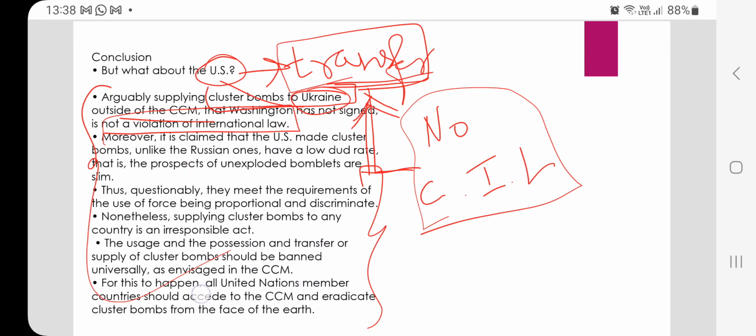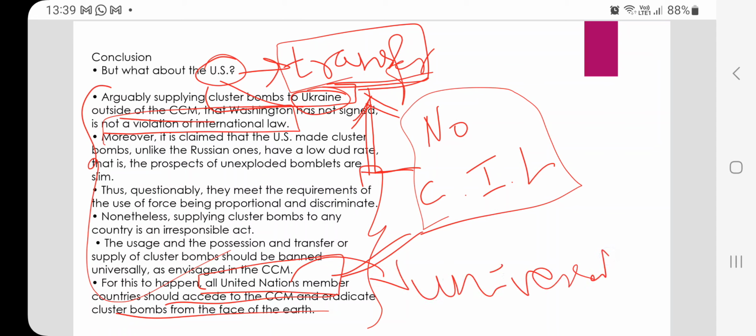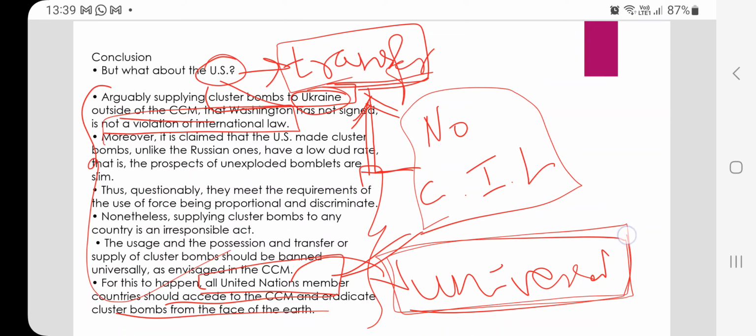That's why he urges all the United Nations members to work together to completely eliminate cluster bombs from the face of the earth. It needs to be universal. The author is urging universal adoption of the convention by the countries.